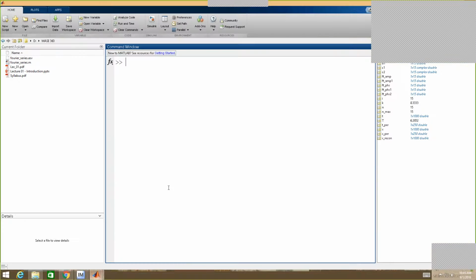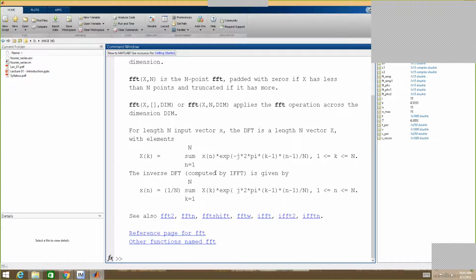You can read about it in MATLAB help. You can go to the MATLAB command window and type help FFT, and it will give you a section. You can also go online. If you click on the reference page for FFT, you can even go to the MATLAB website. And okay, why doesn't it open?